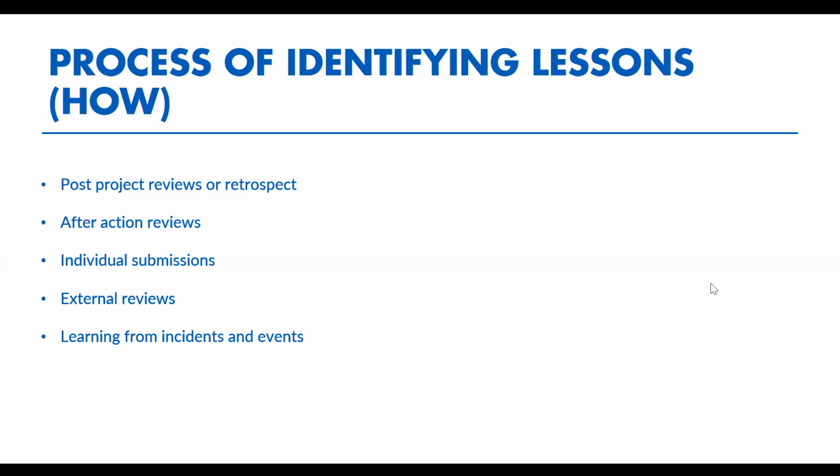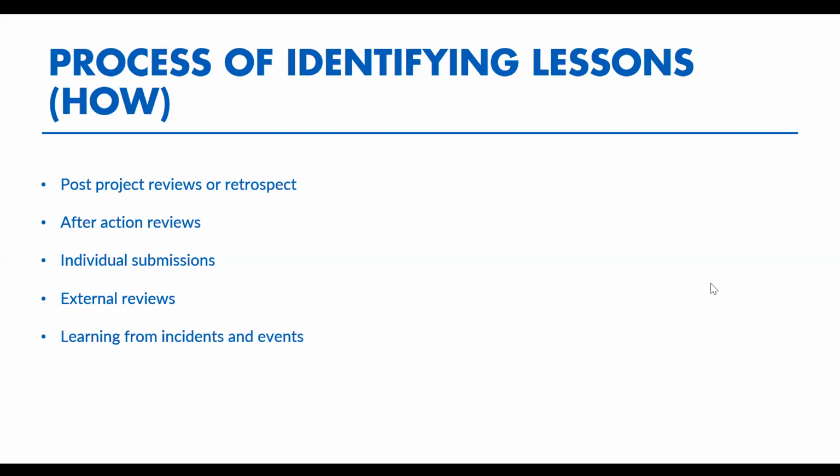So that's post-project reviews. The other one, which is very similar, is the after-action review. This was initially developed by the US military, but it has now been widely used and accepted as a method for lesson identification across sectors and industries. It is much shorter than a project review, in the format of, for example, review meetings, which we do quite regularly.